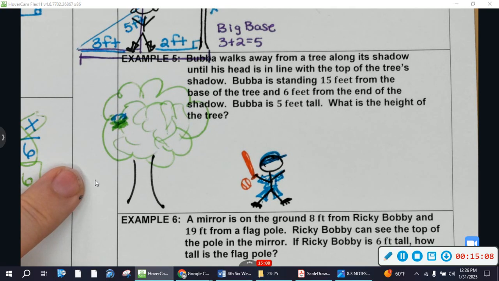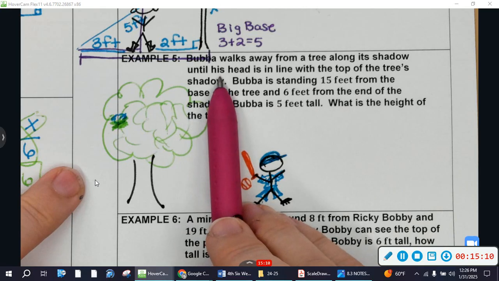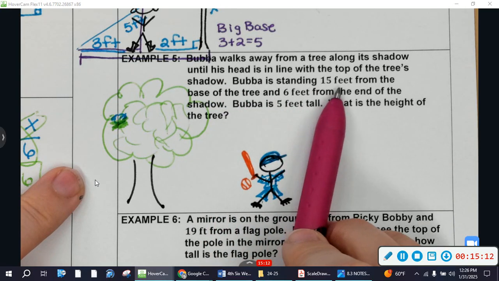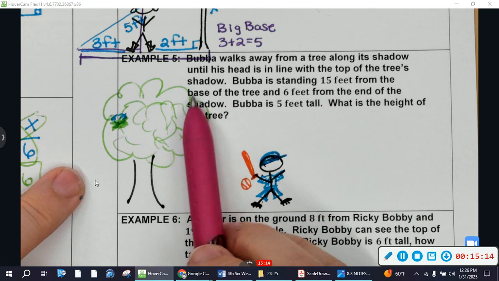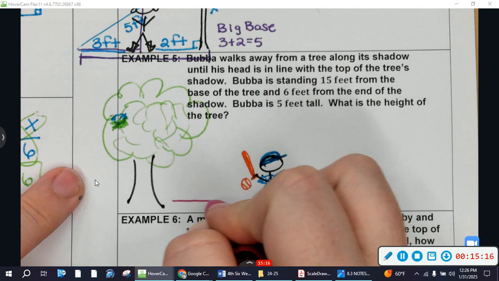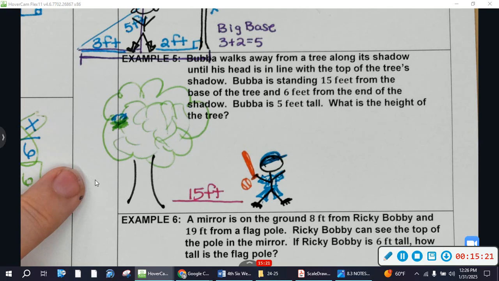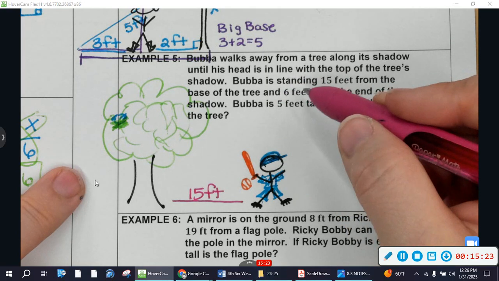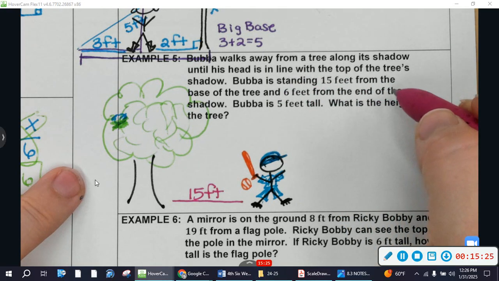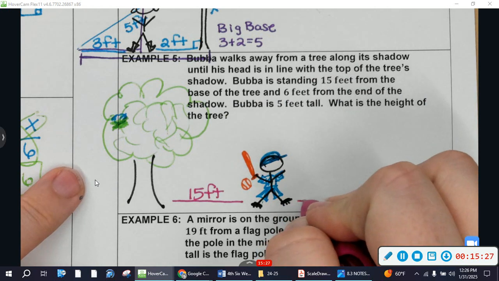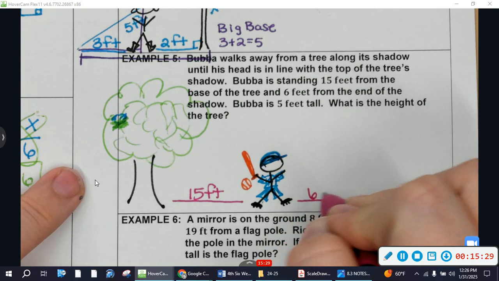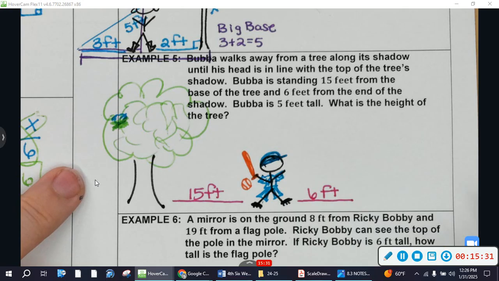So, labeling my information. We've got Bubba standing 15 feet from the base of the tree. So right here is 15 feet. But he is 6 feet from the end of the shadow, so from the end of the shadow there's still 6 more feet.